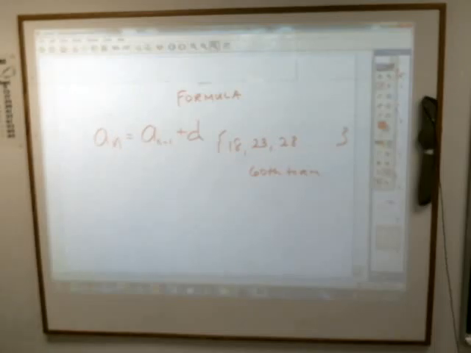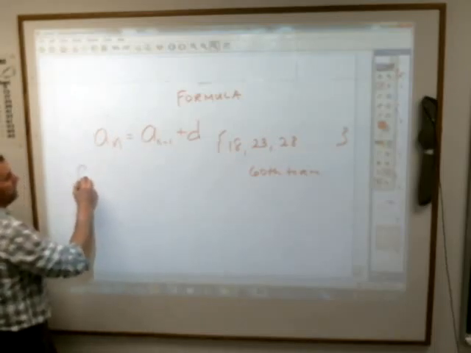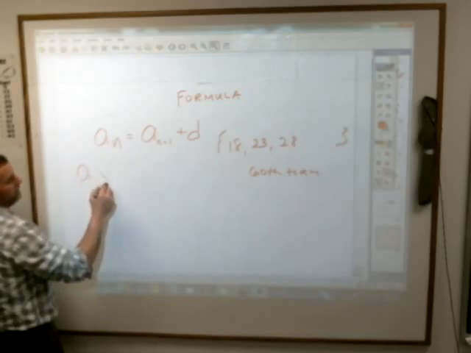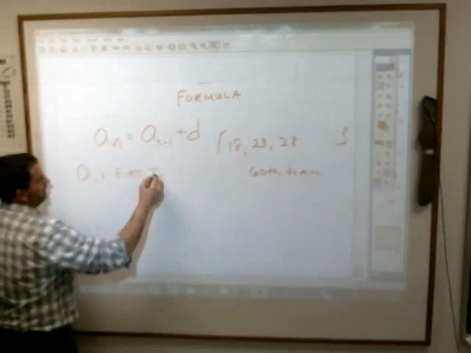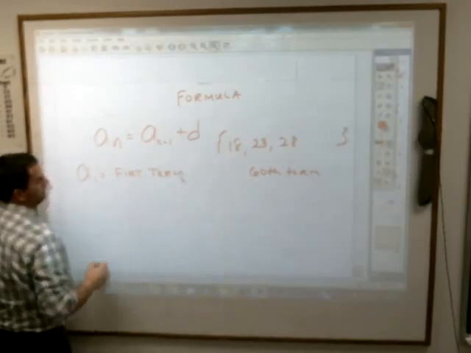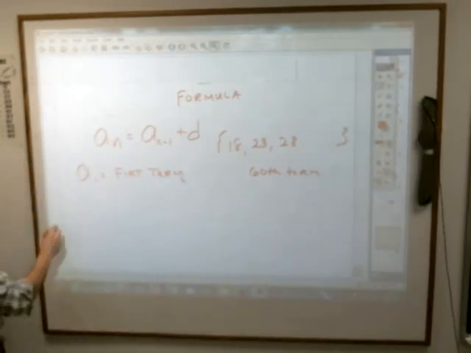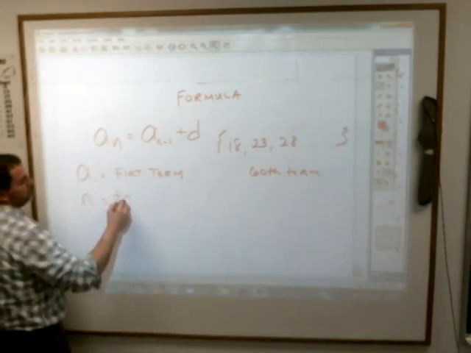Now write this down. What do these letters mean? Well, A sub 1 is the first term. The letter N is the term that you want.